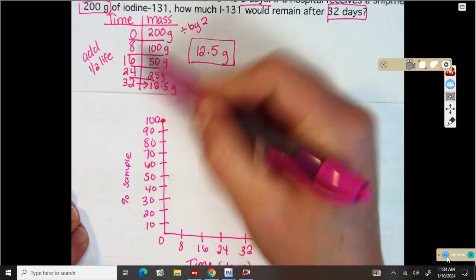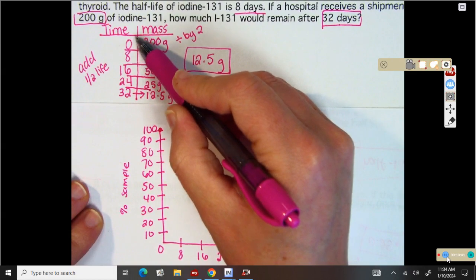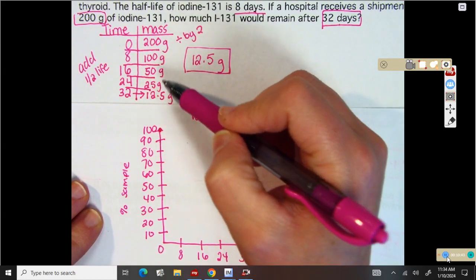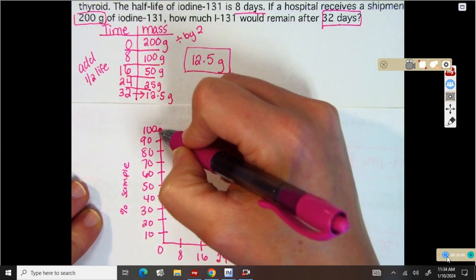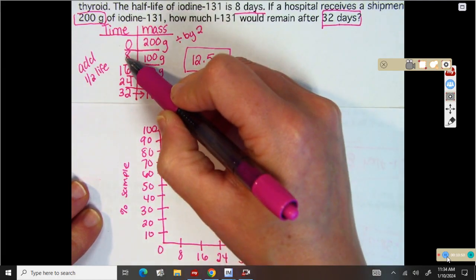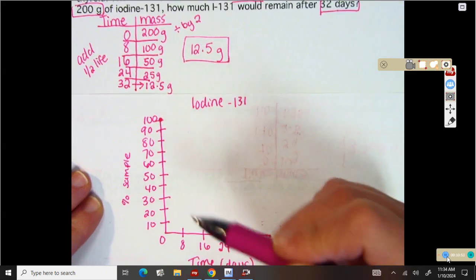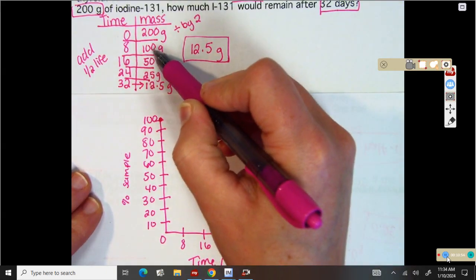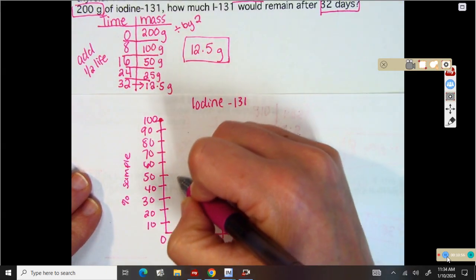So if I was to title this iodine 131. This is my percent of sample. So I have 100% of my sample. At time 0, I got everything. I got 200 grams. Okay, so I have 100% of my sample at time 0. After one half-life, which is 8 days, I have 50% of my sample, half of it.